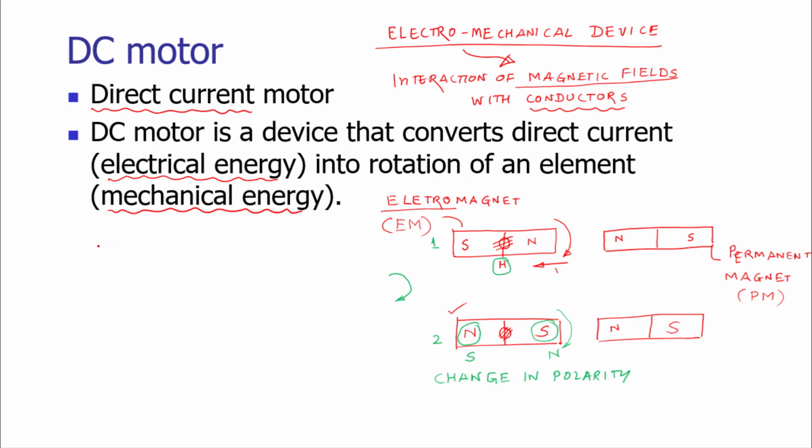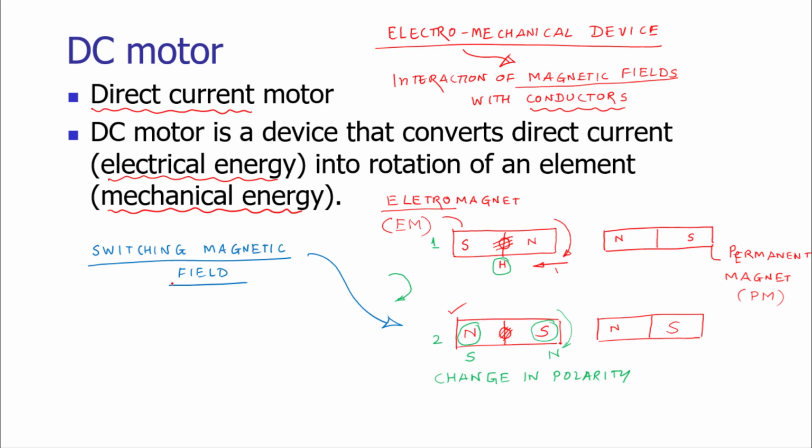As you have seen, the switching magnetic field is responsible for rotation of this element about the point H. And my friends, the various types of motors which are invented and developed in the industry are based upon the various methods or various types of application of the switching magnetic field.